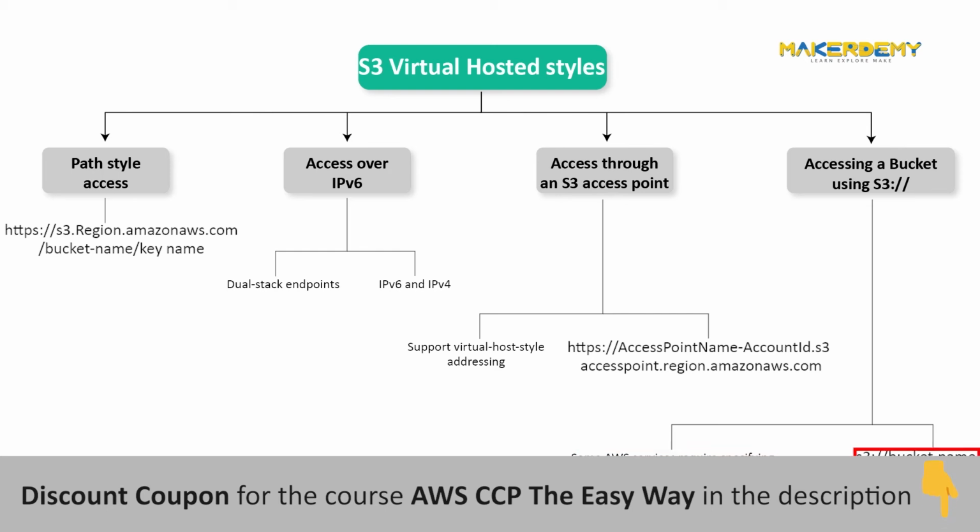The correct format is shown below. Be aware that when using this format, the bucket name does not include the region. To support this type of URL-based access, S3 bucket names must be globally unique and DNS compliant, and object keys should use characters that are safe for URLs.